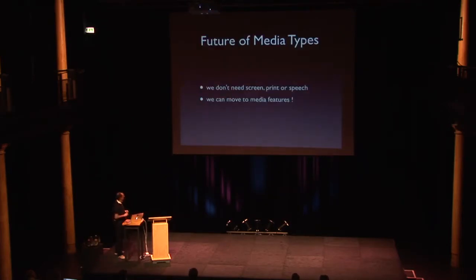The future media types. So you notice that we are writing things like screen and width, 500 pixels. Why do we need screen anyway? Screen is a characteristic of the device. It should be a media query itself. So in the long run, a few members of the CSS Working Group think that we are going to get rid of the media types.